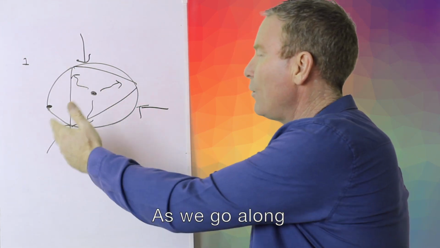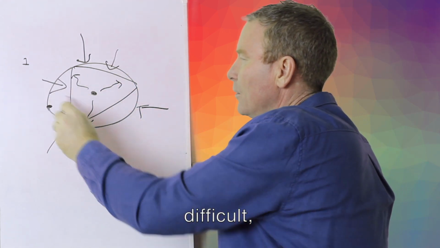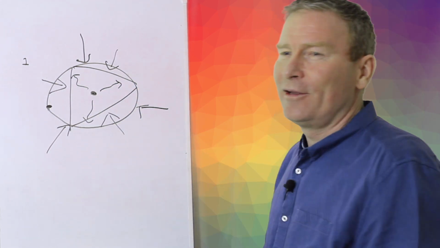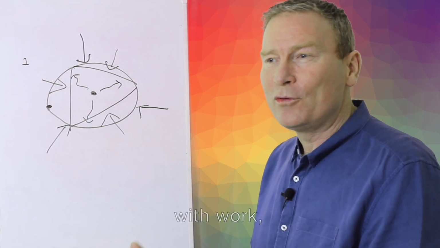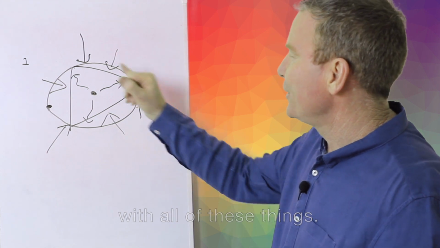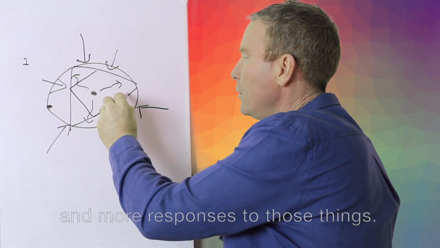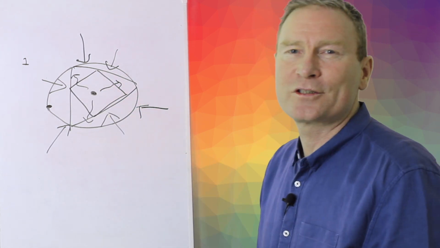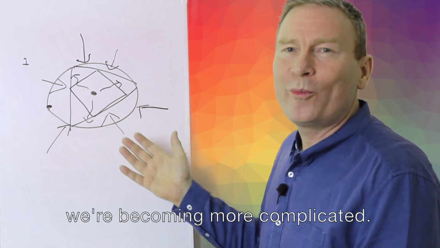And as we go along, these things become more and more difficult. As you would know, with money, with finances, with relationships, with work, with all of these things. So life gets more complicated, and once again, we develop more and more responses to those things. And so as you can see, we're becoming more complicated.